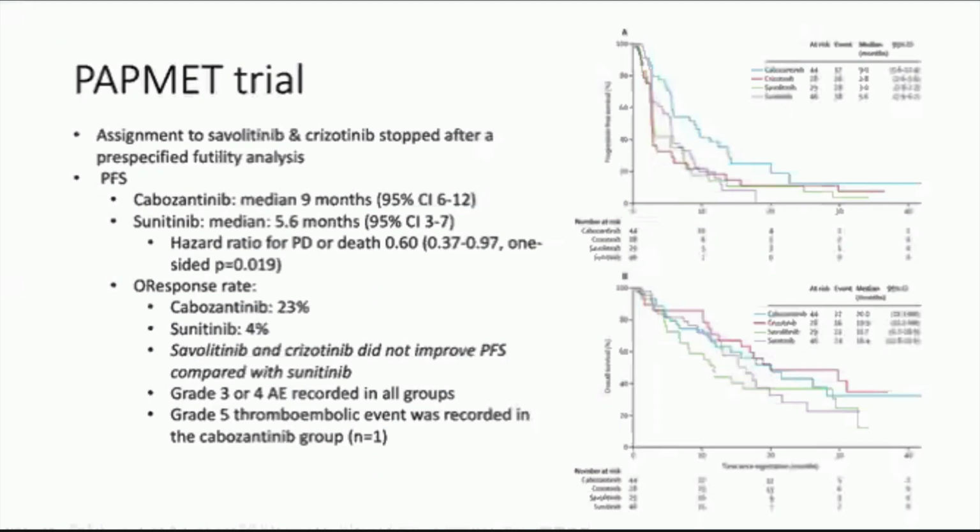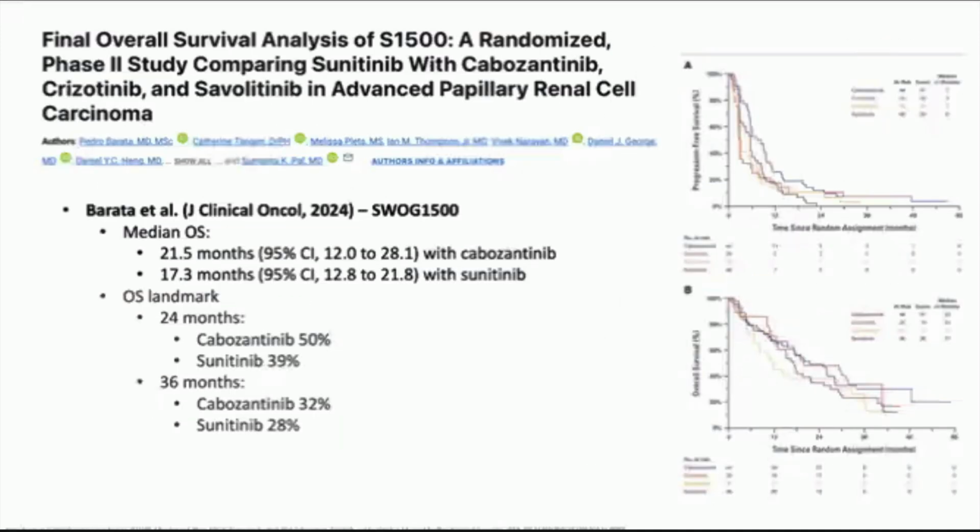And in terms of their primary endpoint, they found that patients receiving cabozantinib had a progression-free survival of 9 months compared to 5.6 months for the patients who received sunitinib, which is quite good. And in terms of response rate, they found that patients receiving cabozantinib had the highest rate at 23%.